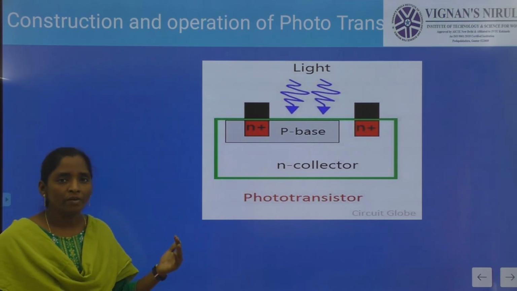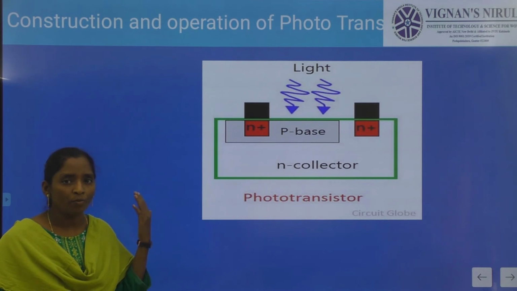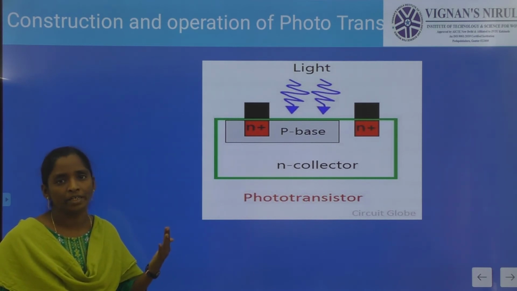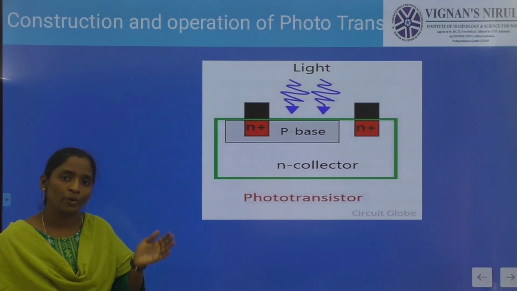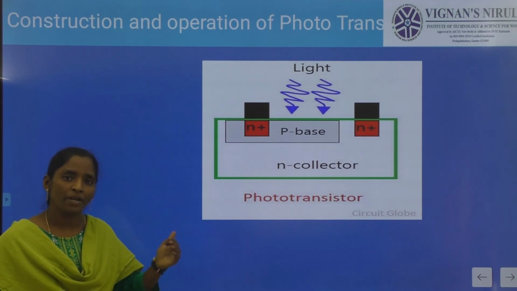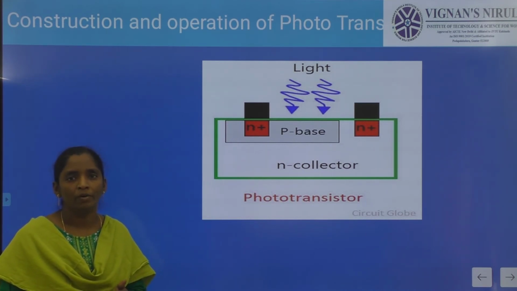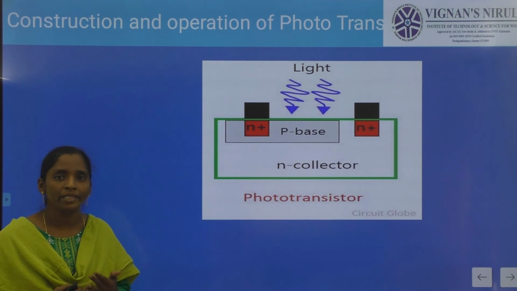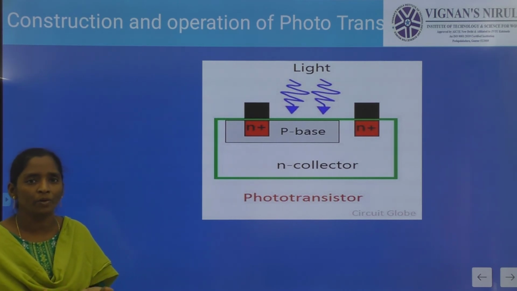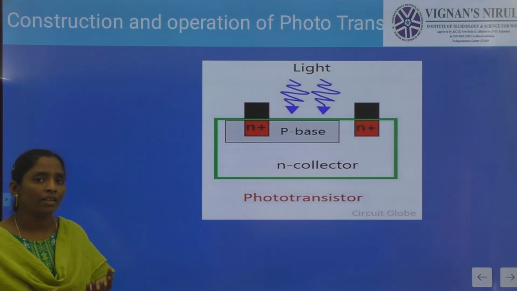The output of the photodiode is a low current because the photodiode operates only in reverse bias. In reverse bias the diode produces very little current.